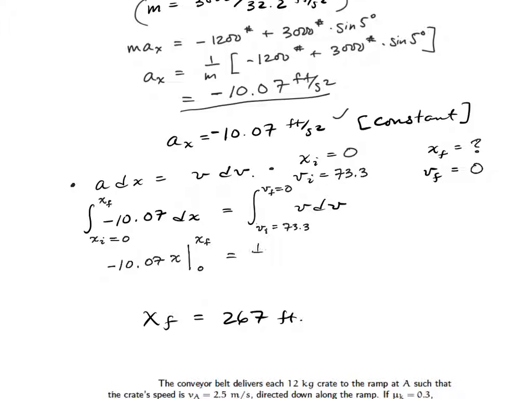On the right-hand side, I'm going to have 1/2 v squared, from 73.3 to 0. So just one more step: minus 10.07 x_f is equal to 1/2 times 0 squared minus 73.3 quantity squared. If I solve that, I end up with an answer for x_f of about 267 feet for that thing to stop.